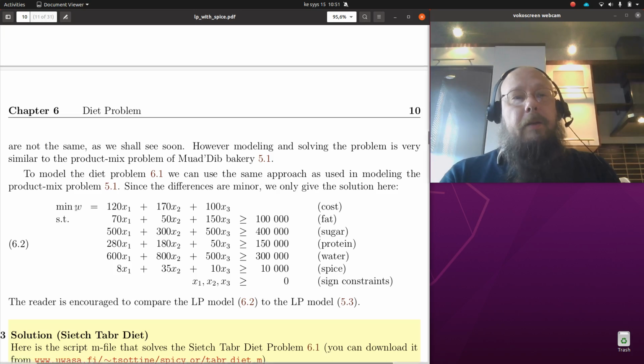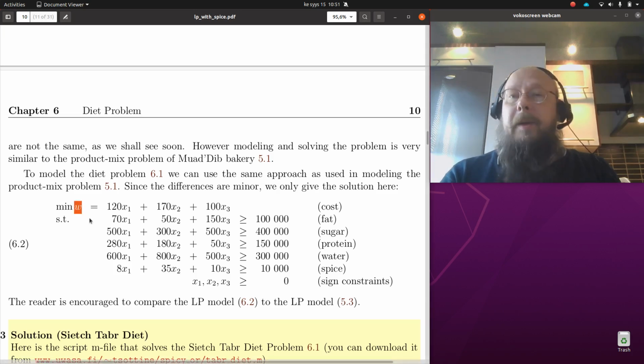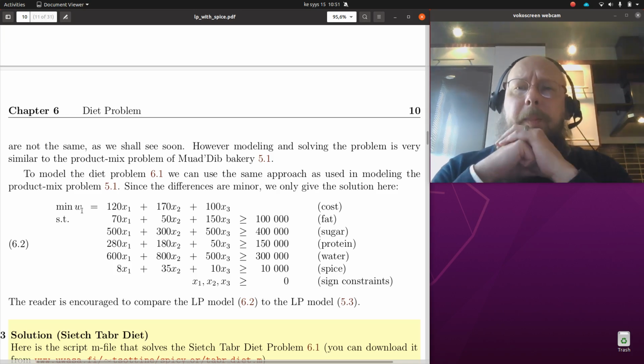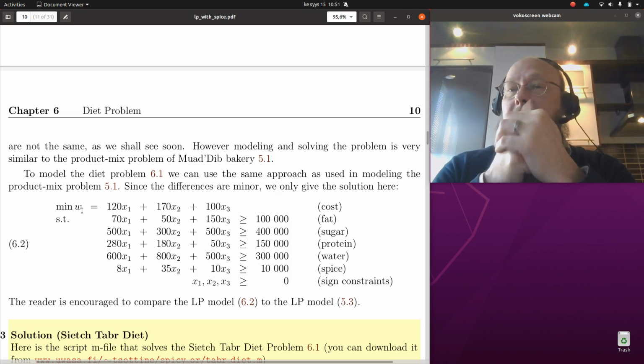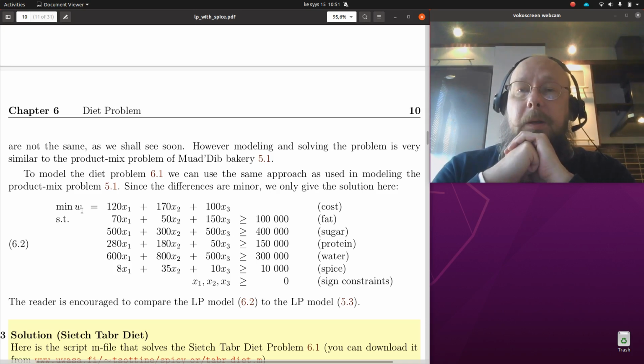And then I use here the simple W. Again, I could have just used a variable name like cost to be more descriptive. I use W, and why W and not Z? Of course I could have used Z. There's nothing deep here. The reason I use W is, first, I want to make a difference, so I have used different notation, because I'm going to compare this with the Mordeep bakery problem 5.1, and Z is used there.